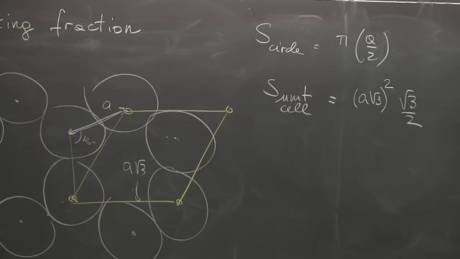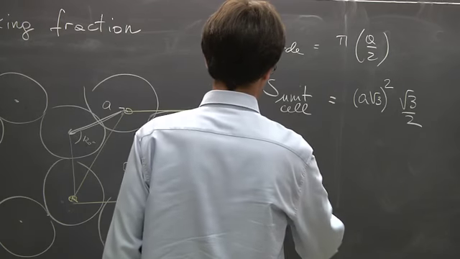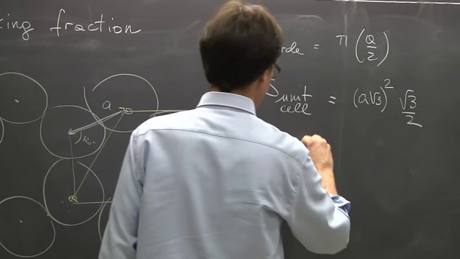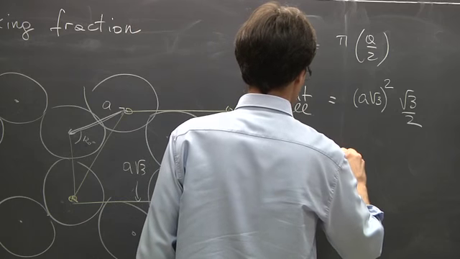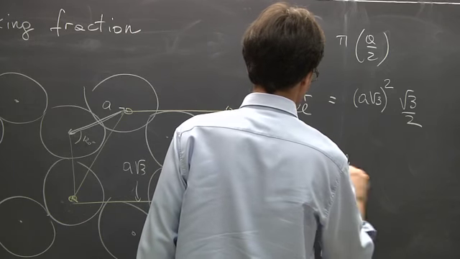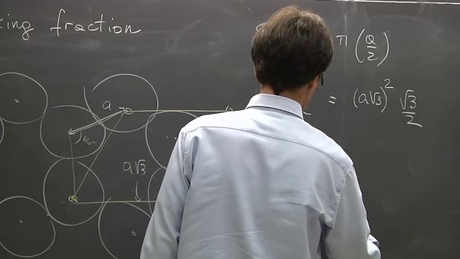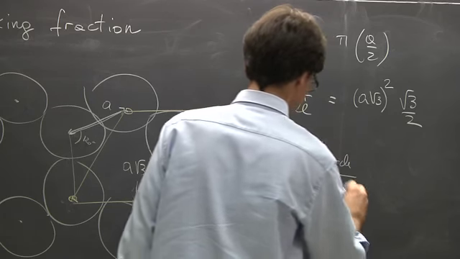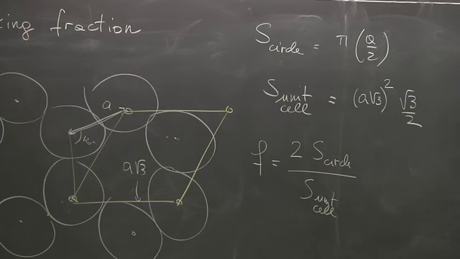So when I do my comparison in terms of packing fraction, I have to do twice the area of the circle divided by the area of the unit cell, right? Is that clear to everyone? No?